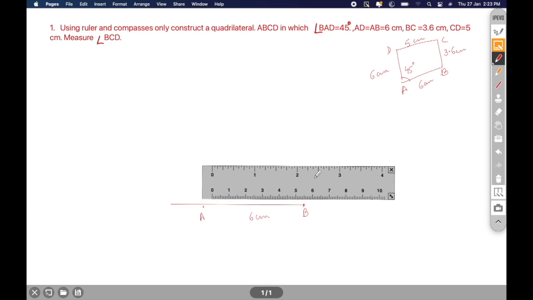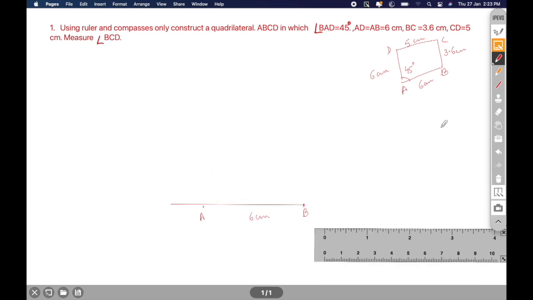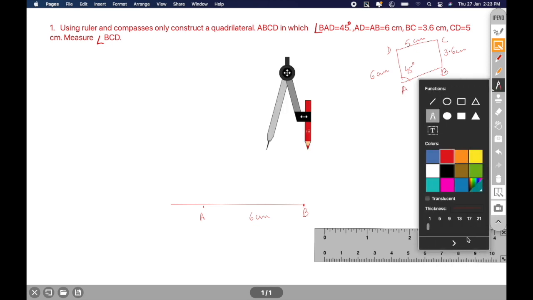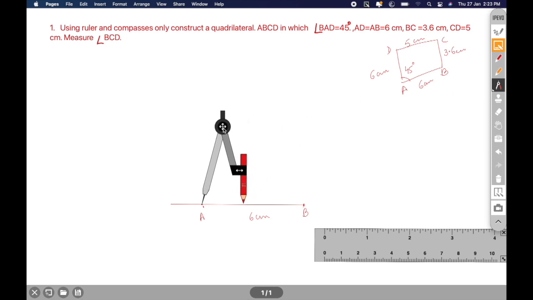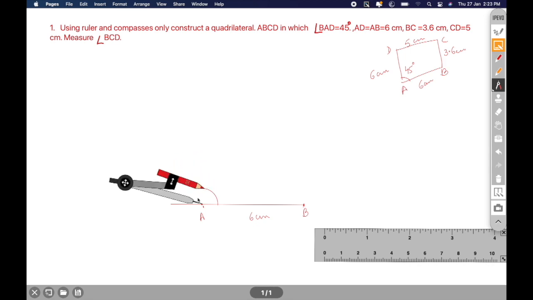So now let us remove the ruler and begin with the construction of 45 degrees with the help of a compass. With A as center and a small radius, first of all, we draw an arc which is a semicircle and which intersects the line segment AB internally as well as externally at 2 points.